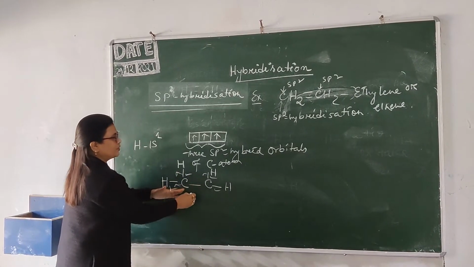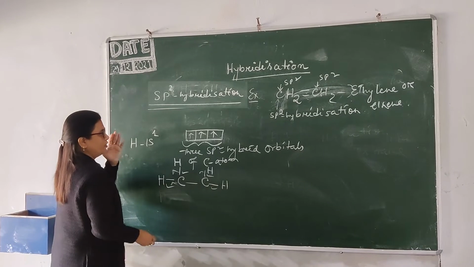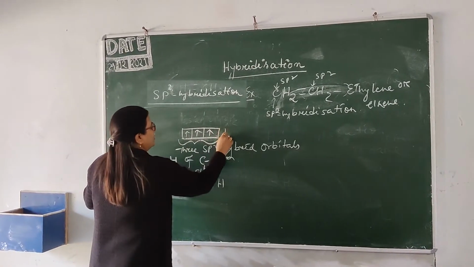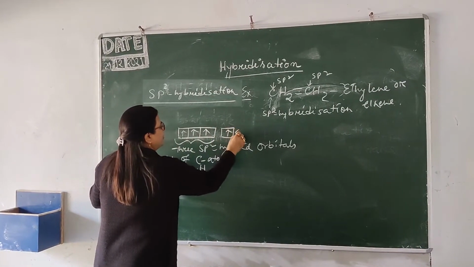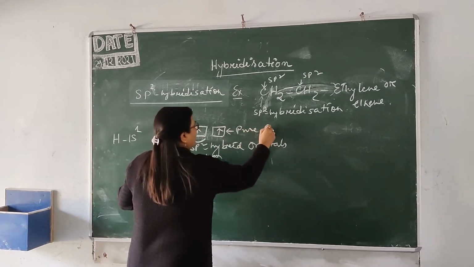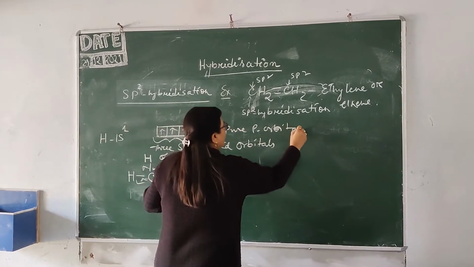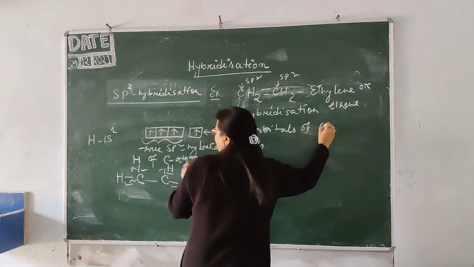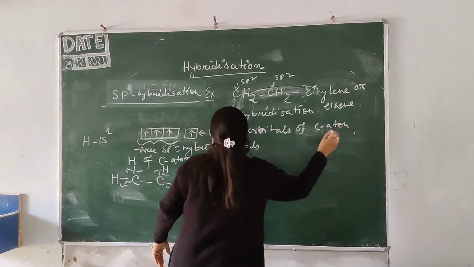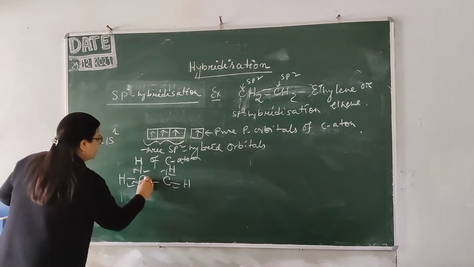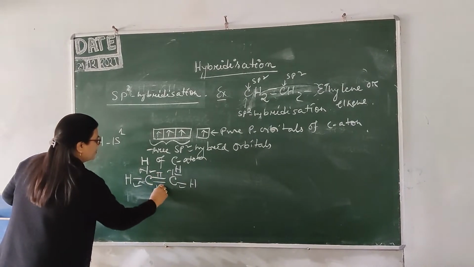Again, the pi bond is formed by the combination of pure p orbitals. That means one p orbital having an unpaired electron on each carbon atom. These two overlap to form this pi bond.